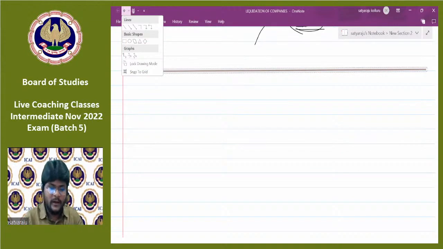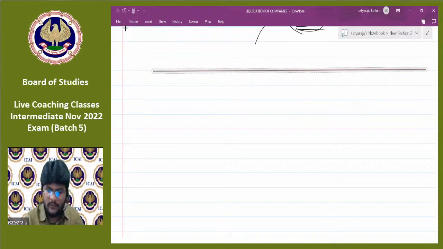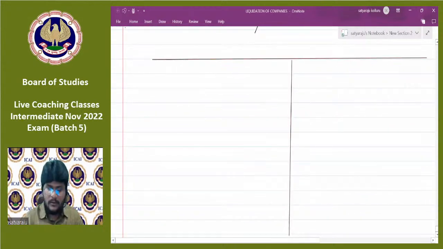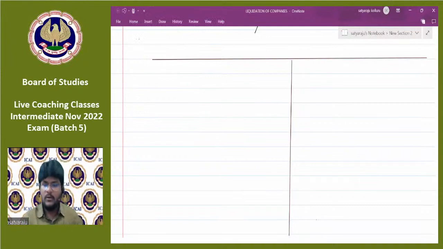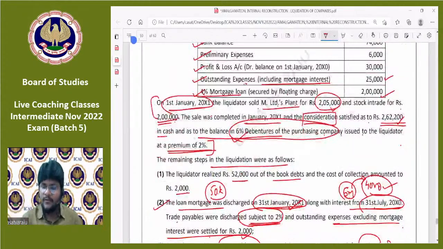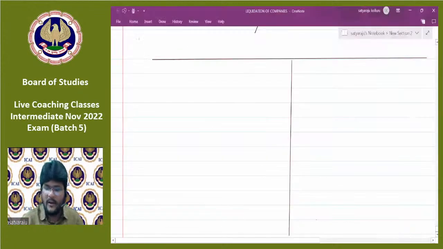Please hold on for a minute, guys, all of you. Let me first start with the format. This is the format. Now, at the time of realization of assets, the liquidator will think only about one thing: how much we realized through assets not specifically pledged, and how much we realized through assets specifically pledged.